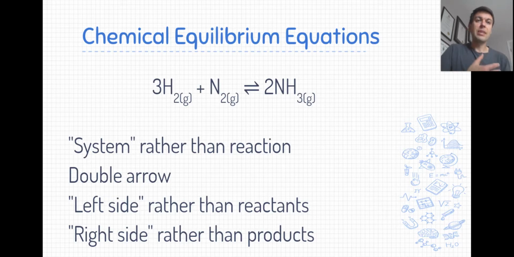We don't talk about this as a reaction because there's actually going to be two reactions happening at the same time in an equilibrium system. To recognize that there's two reactions going on, we use a double arrow. And typically what you'll see are these half arrows here, kind of like the arrows you draw for electrons in electron configuration diagrams.